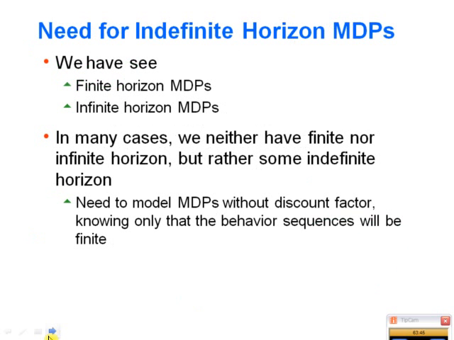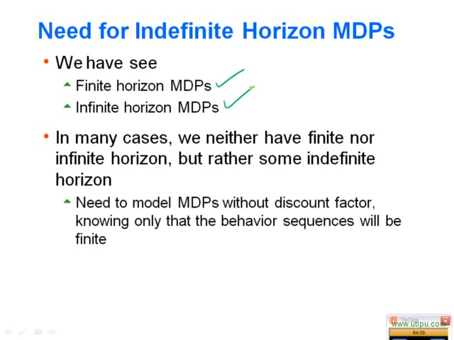Okay, indefinite horizon MDPs. We have talked about finite horizon MDPs and infinite horizon MDPs. The models are slightly different. In infinite horizon MDPs, you had to talk about the discount factor, and you didn't have to talk about the horizon.